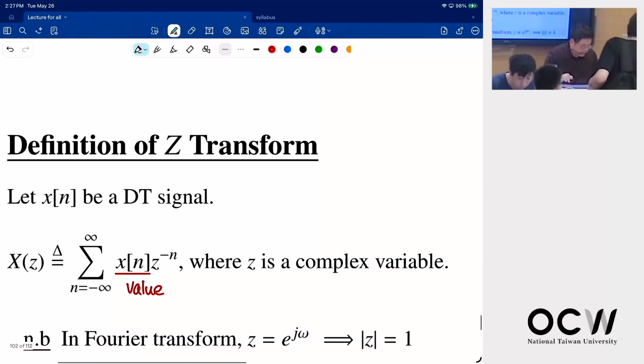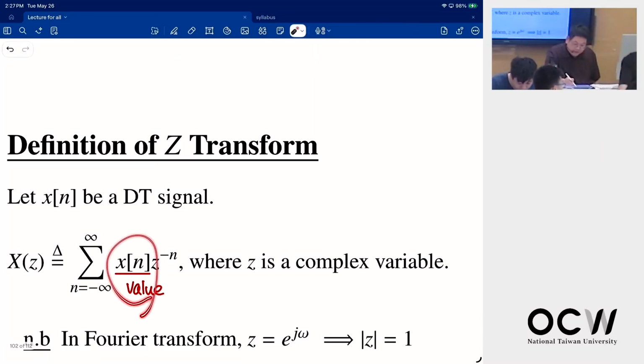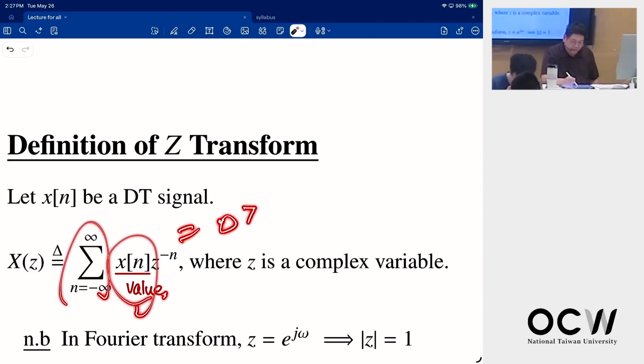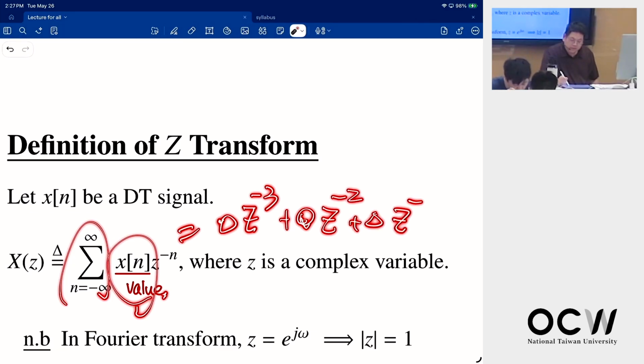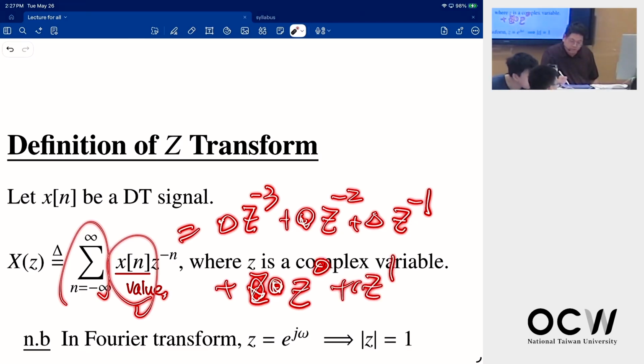Then you can see that if it is the value, what is this summation? Something times z to the minus 3, plus something times z to the minus 2, plus something times z to the minus 1, plus something times z to the 0, plus z to the 1 with a coefficient, z squared, and so on.